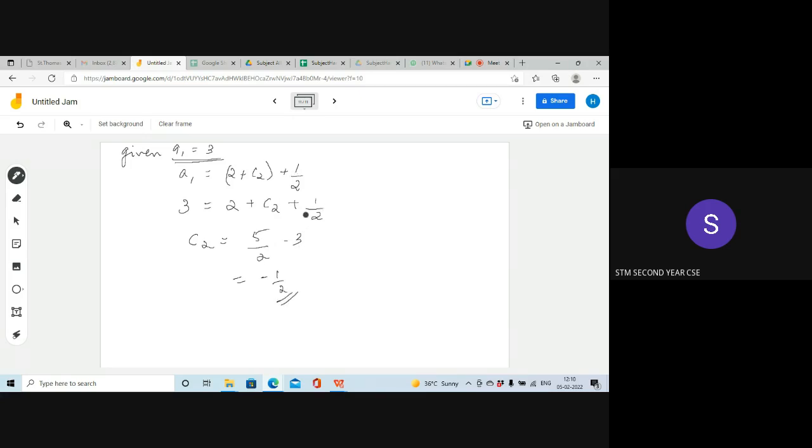Now I have found the values of C1 and C2. Substitute in the general solution.